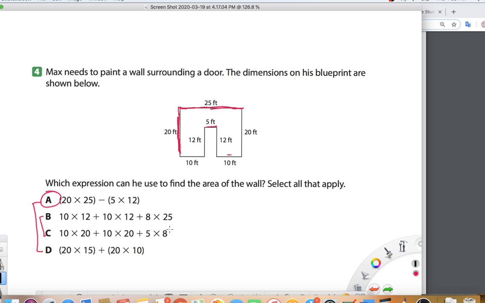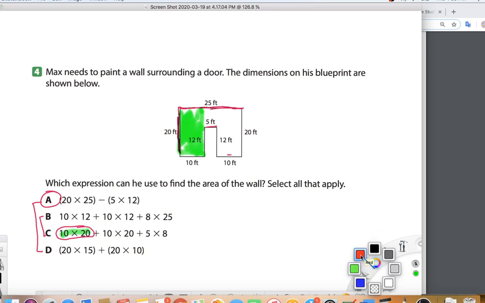Now I want you to look at the other one, part C. Look where it says 10 times 20. I'll do this with the yellow highlighter. Actually, I'm using a green one. So 10 times 20. That means this area would be filled up to right here.